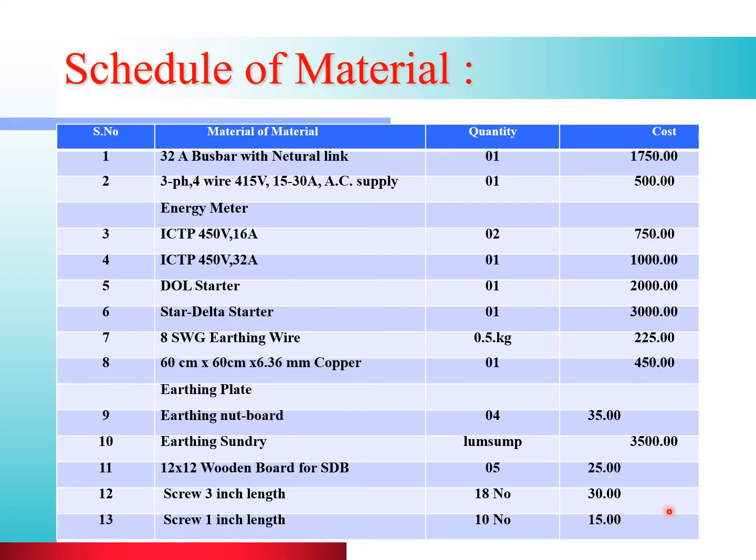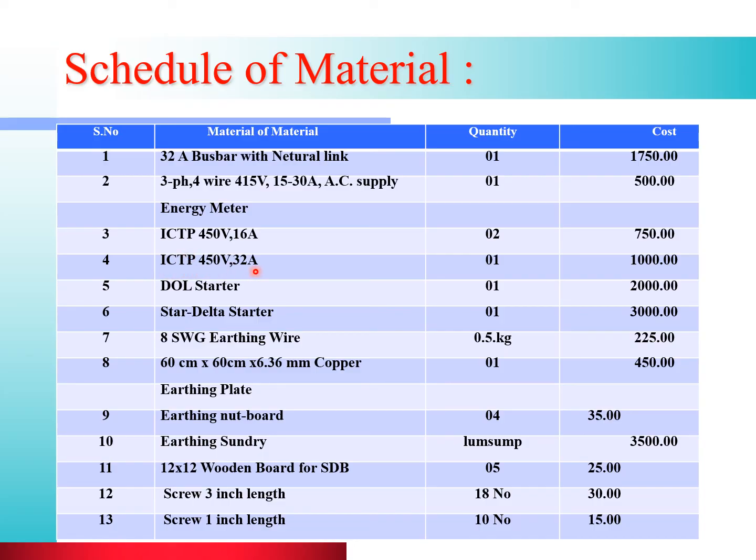This costing is as per the market price, it may vary from dealer to dealer. Then secondly, 3-phase 4 wire 415 volt 30 ampere AC supply energy meter, that is also quantity 1. Then iron clad double pole 450 volt 16 ampere for the 10 horsepower motor, two quantities required for the main switch and the motor switch.